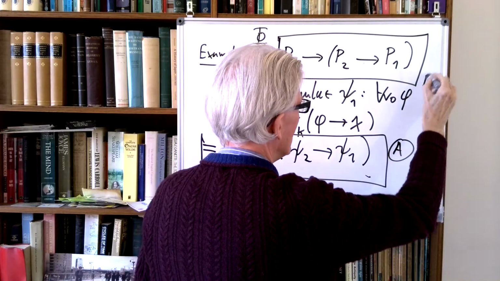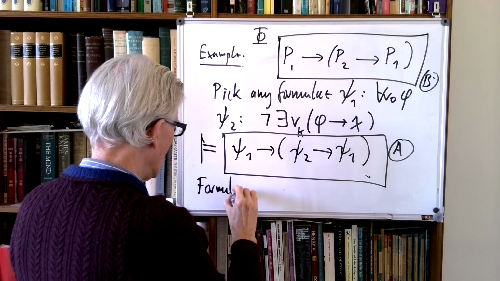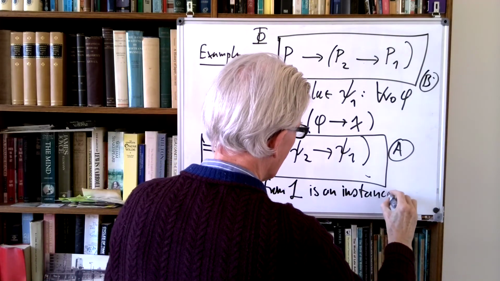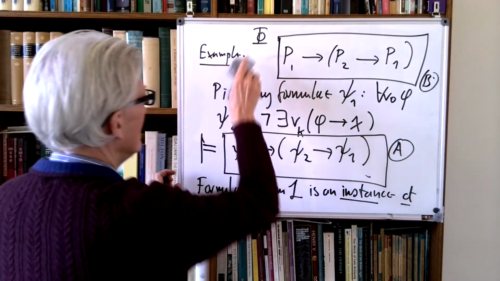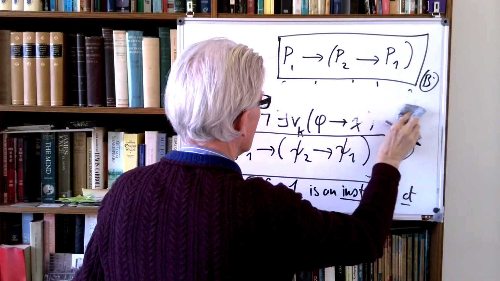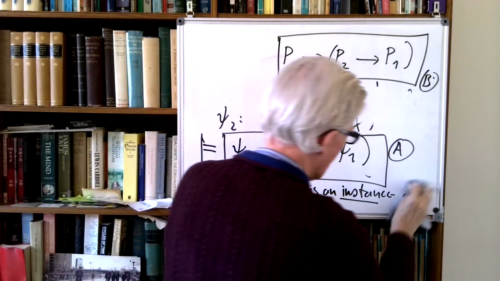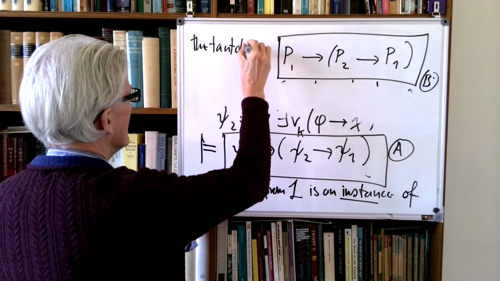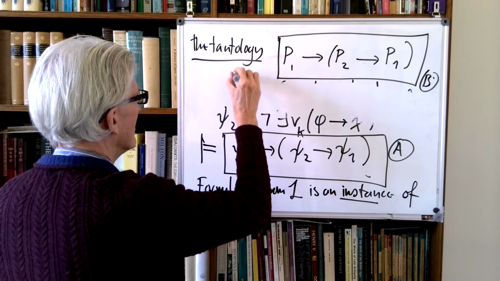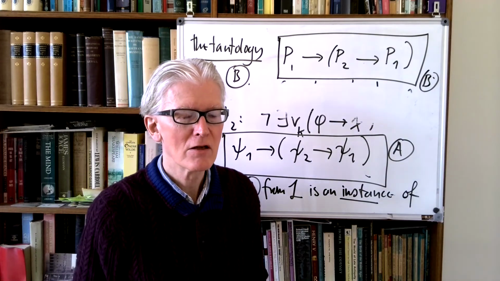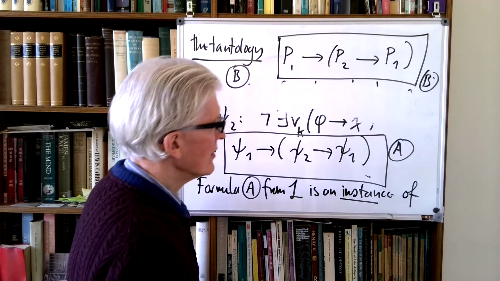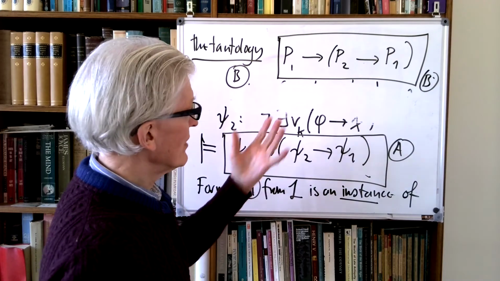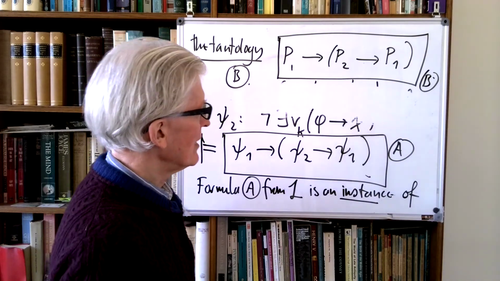So let's call this A and this B. So formula A from L is an instance of the tautology B. So what we see is that if you want to write down some universal validities, what one can do is find some tautologies like this and just do some substitutions in here.